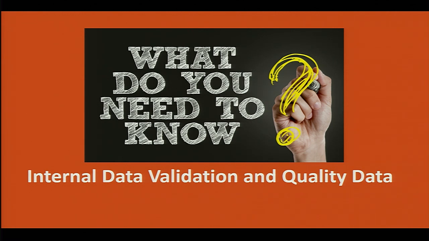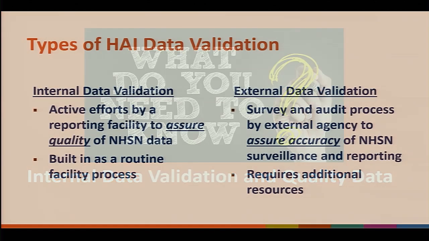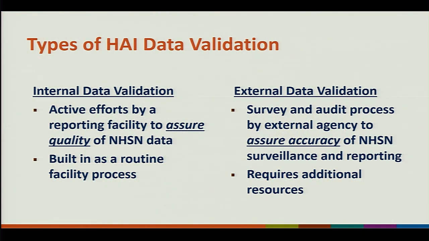The first thing we're going to do is start by defining internal data validation and quality data and discussing their importance. There are two types of data validation. The first one is internal data validation, and that is the active process of checking your own data to ensure quality.